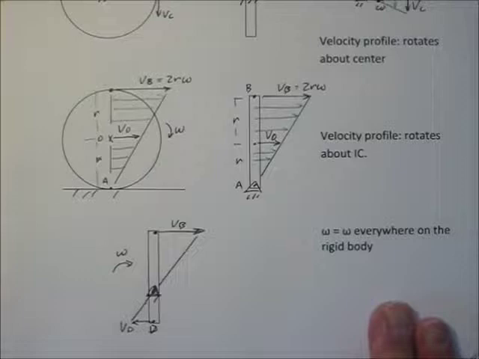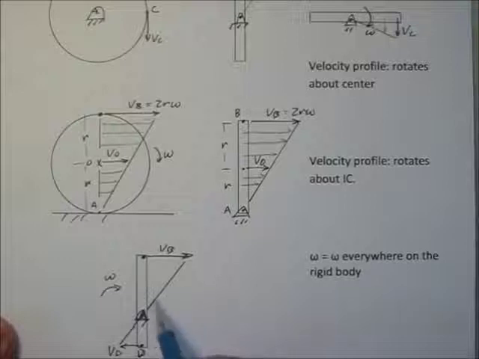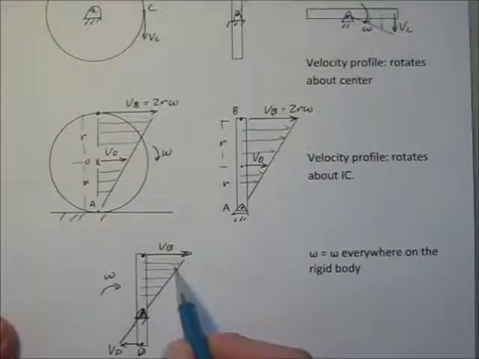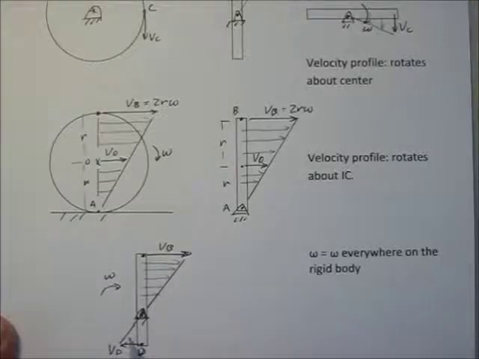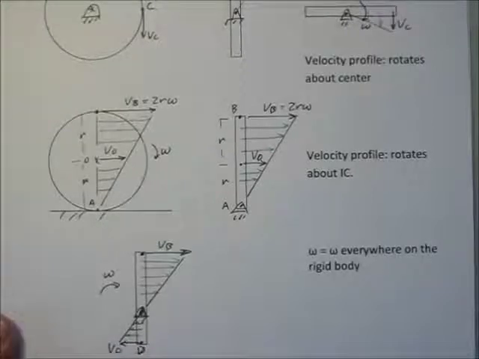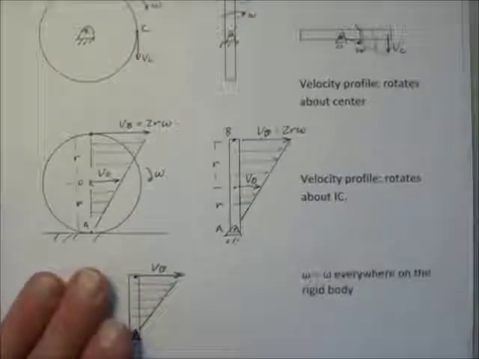Okay, now what about this guy? This one has a point of rotation in the middle of the bar, but the same kind of concept applies, where there's a family of not really curves, family of velocity profiles that would apply and going in both directions about the instantaneous center. We know that omega is equal to omega everywhere on a rigid body, so that kind of velocity analysis applies.